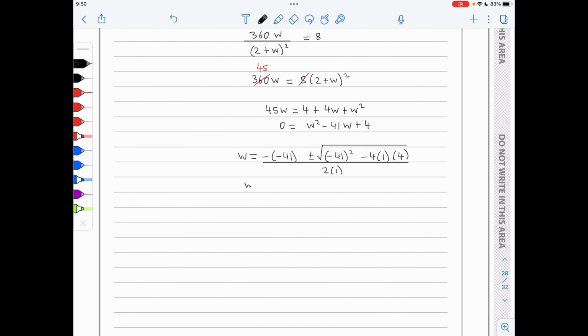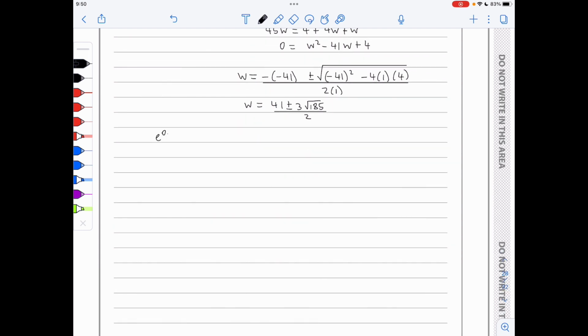This leads to solutions for w of 41 plus or minus 3 root 185 over 2. So we either have that e to the 0.3T, the w, is 41 plus 3 root 185 over 2, or that e to the 0.3T is 41 minus 3 root 185 over 2. Now to undo the exponential, I take the ln of both sides.